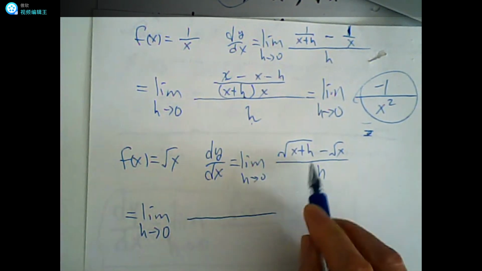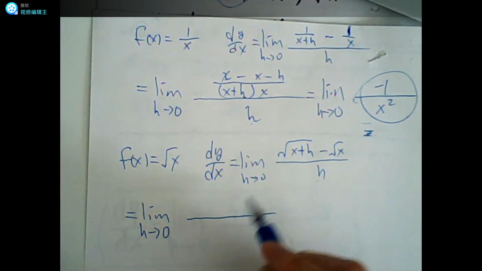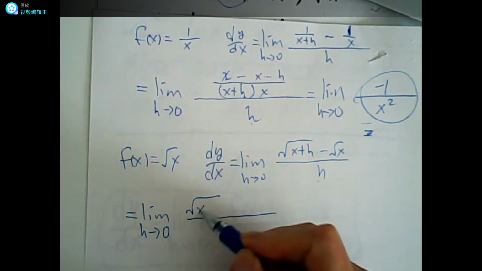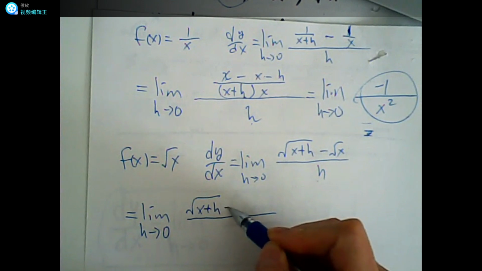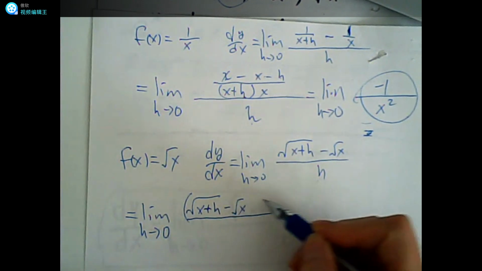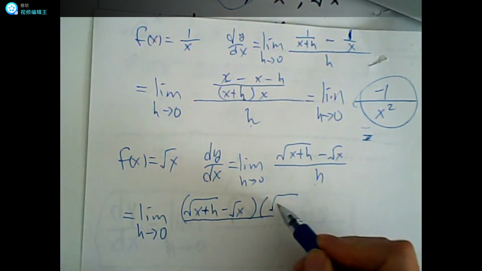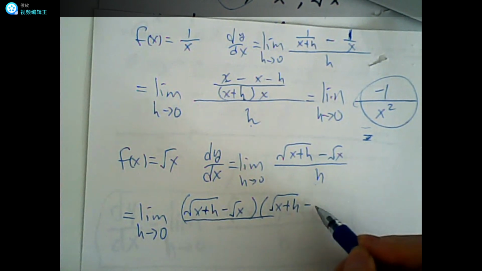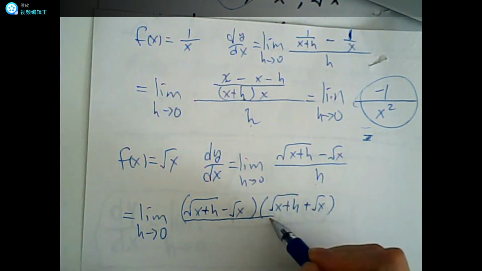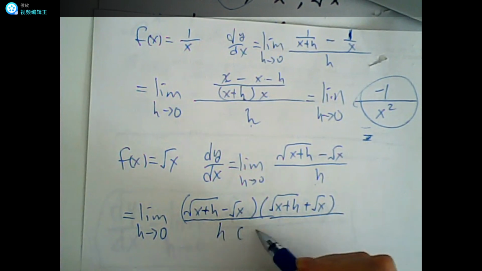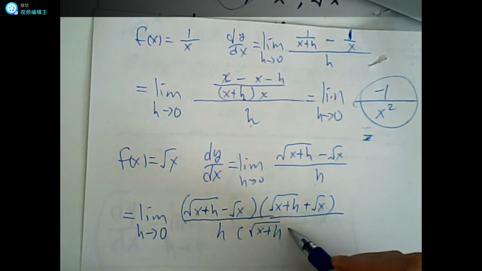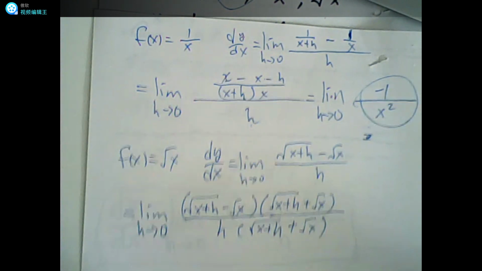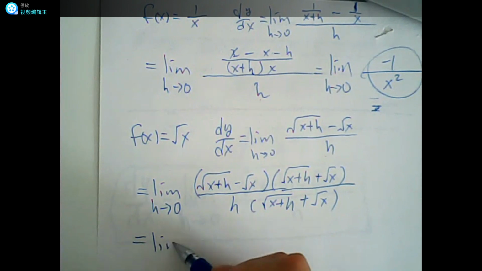So what we do is multiply by the conjugate: square root of x plus h minus root x, multiplied by square root of x plus h plus root x, and h times the square root of x plus h plus root x. And this is equal to the limit as h goes to 0.